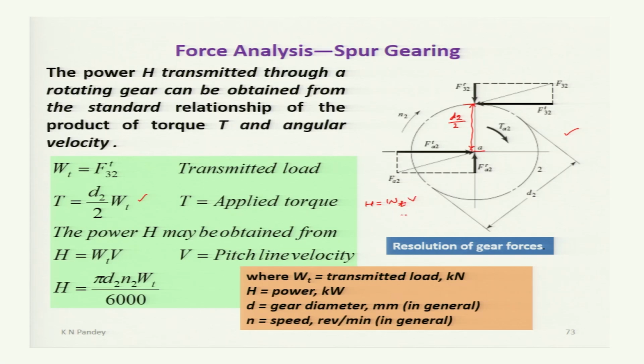So if Wt is in Newton, then V, pitch line velocity, will be meter per second, and this H will be in watt, and then V can be given as pi d2 N2. N2 is the RPM. We will divide it by 60 to get per second. Now the unit of this pitch line velocity is mm per second.